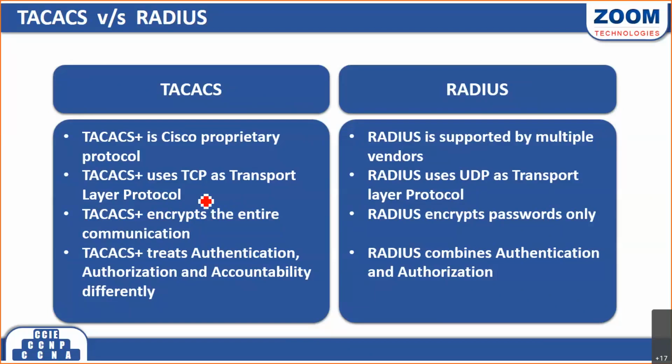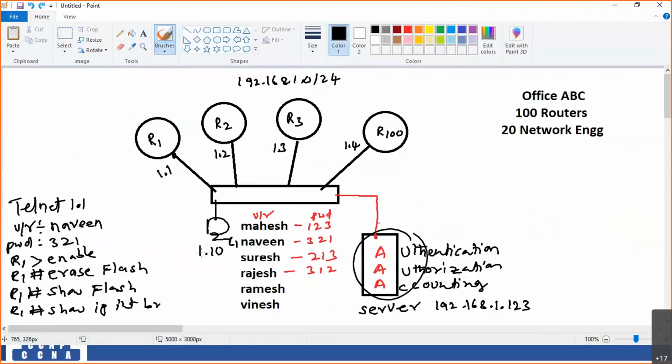In TACACS, the entire communication is encrypted. So if you use TACACS for your AAA, when Mr. Navin logs in and enters the username and password, all of this communication is encrypted, from user to router and router to server. Everything is encrypted.